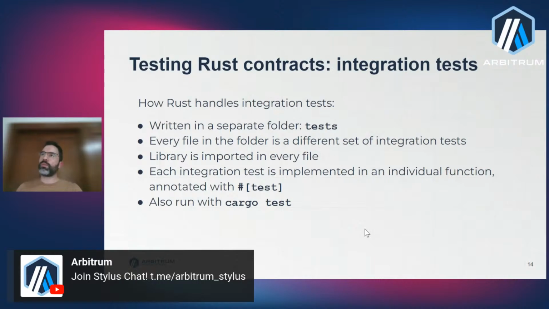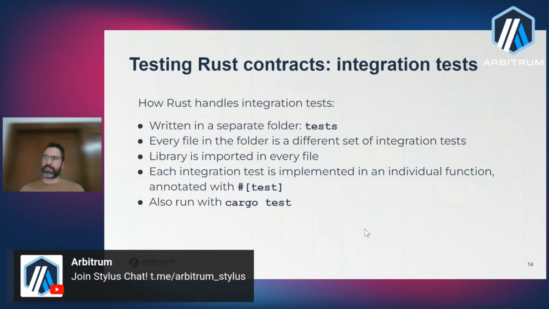So the way we write these tests is that we create a separate folder called tests, and every file in that folder is going to be a different set of integration tests. Okay, so if we place one file and we have, I don't know, 5 tests within that file, that's okay. It's going to run the 5 tests. But we can divide that as well into different files inside the tests folder, okay? We're going to see an example later of this.